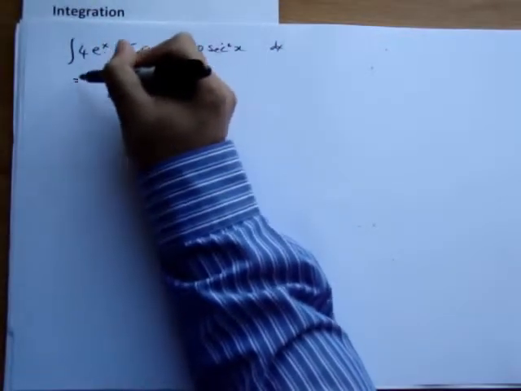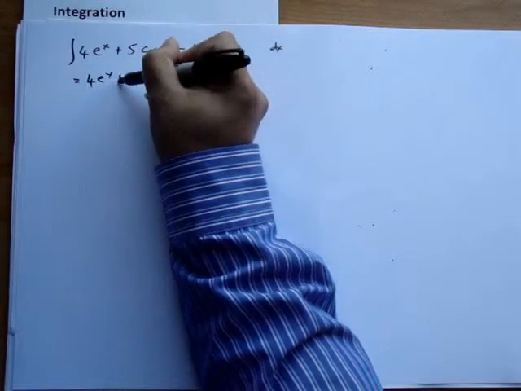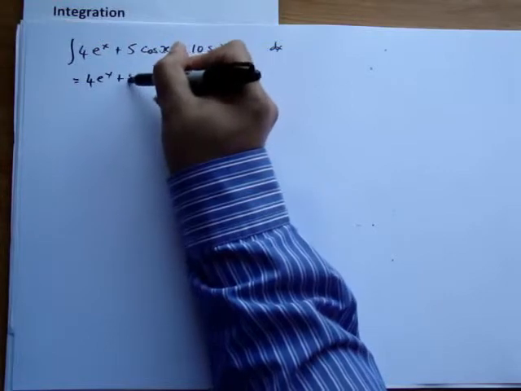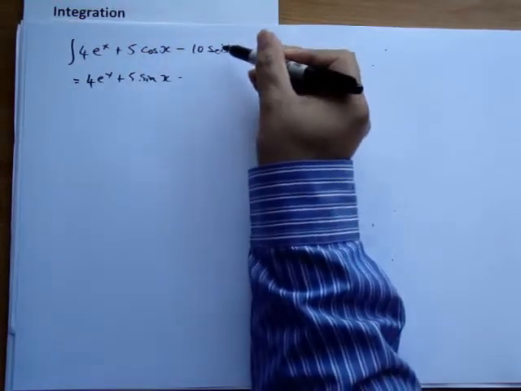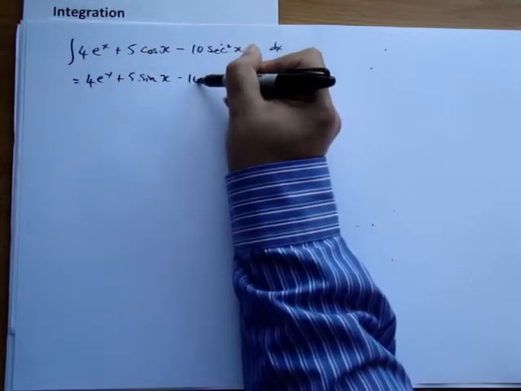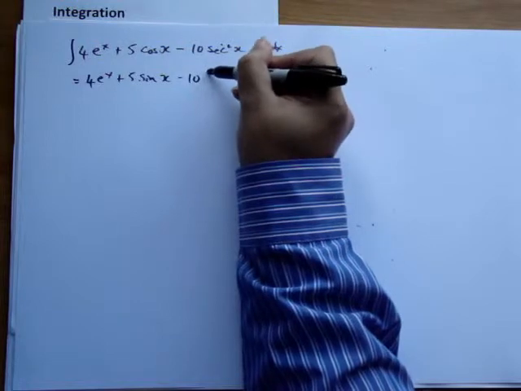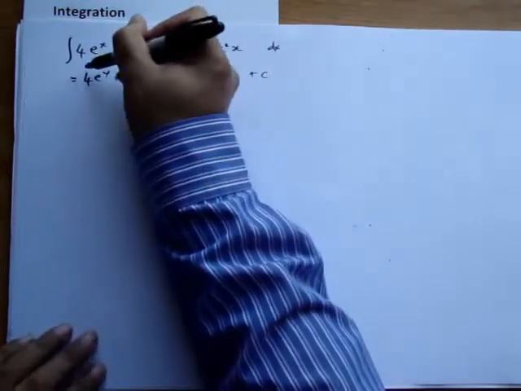So this becomes, when we integrate 4e to the x, e to the x, 5 cos x, the integral of cos x is sin x, so that becomes 5 sin x, minus 10 sec squared x, so that becomes 10. The integral of sec squared x is tan x plus c.